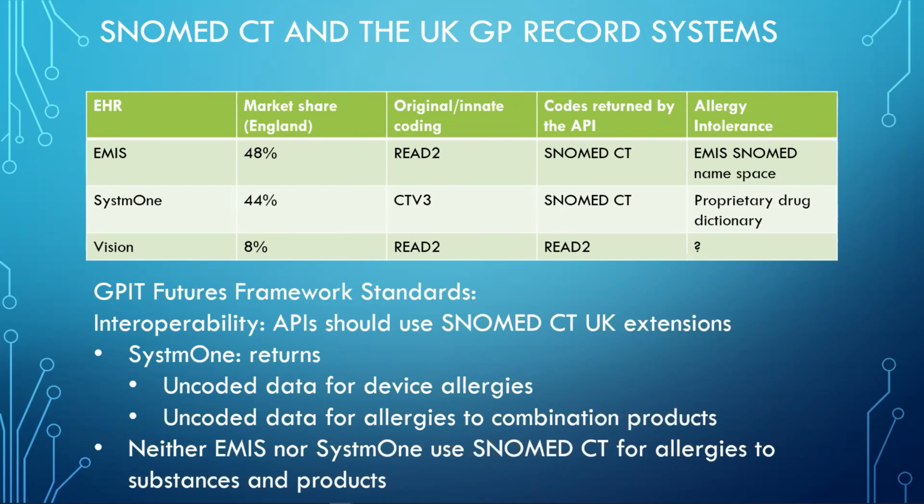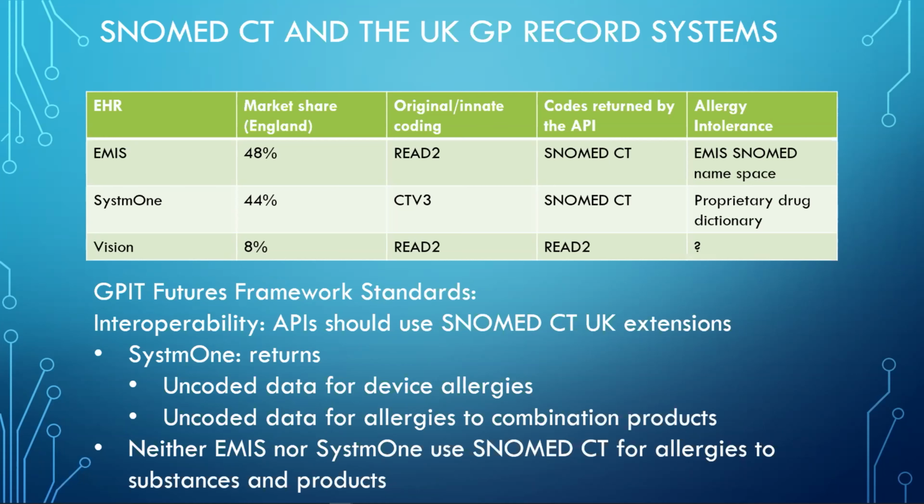EMIS and TPP, who are the manufacturers of System 1, continue to break that standard and use product and substance codes in their allergies which are not from DM&D or the SNOMED CT UK extensions.